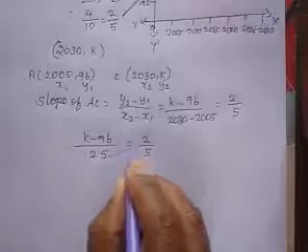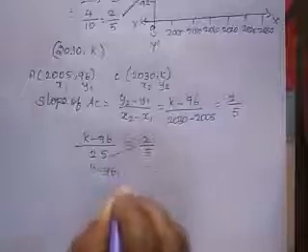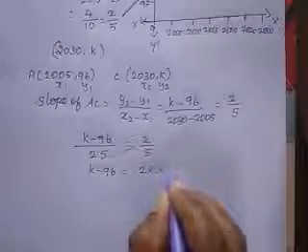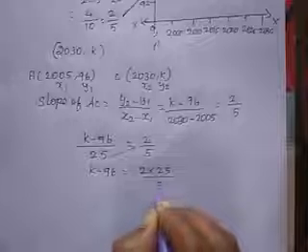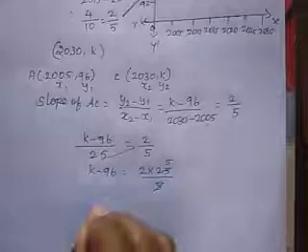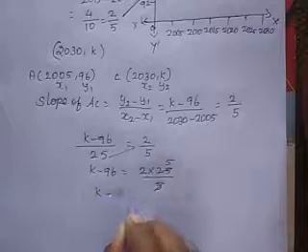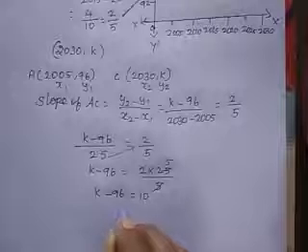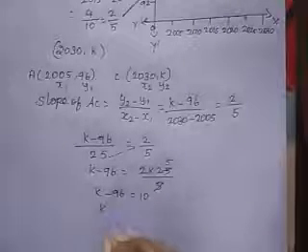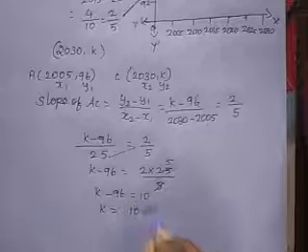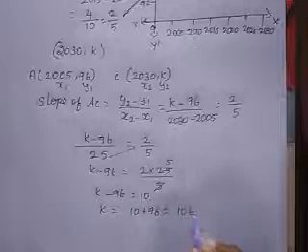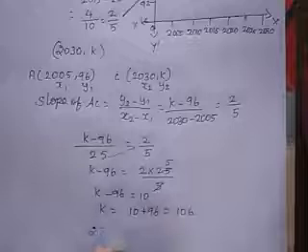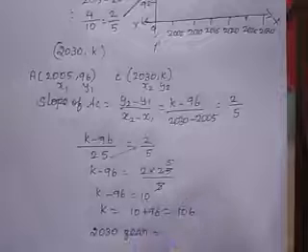Taking it to the opposite side, K minus 96 is equal to 2 into 25 by 5. 1 5 is 5, 5 5s are 25. So K minus 96 is equal to 2 5s are 10. Take the minus 96 to the opposite side. So K is equal to 10 plus 96, that is equal to 106. So the population in the year 2030 is 106 crores.